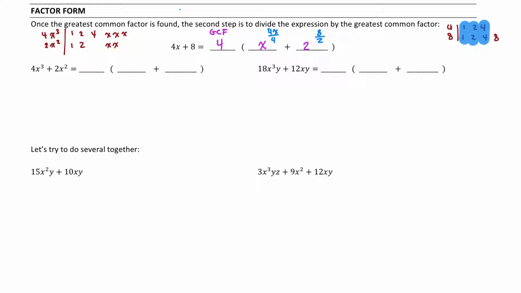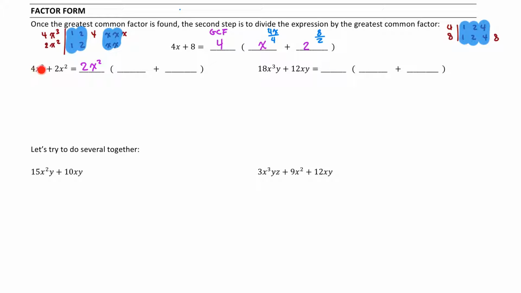So my greatest common factor is 2, because between the constants my greatest common factor is 2, and x squared, because I have x times x as my greatest common factor for the variables. So now looking at this again, 4 and 2, I get my constant of 2, and these two both have the x term, so I leave the x, and the lowest exponent is 2, so that's where I get the 2 from.